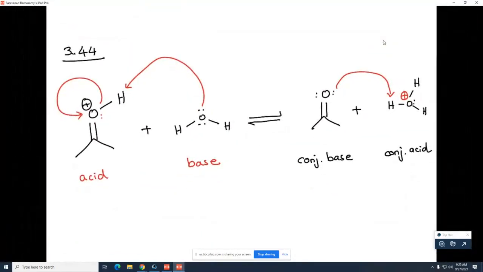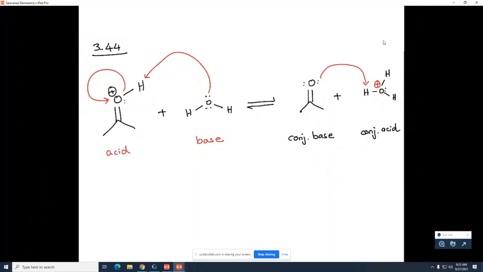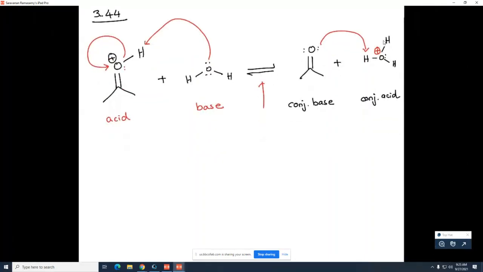Now, again, the book did not ask, but I'm still going to predict the direction and the position of equilibrium. The pKa of this acid, I think it's negative 7.3 on the table. I'm going to round that off to negative 7. The pKa of the hydronium ion is negative 1.74.